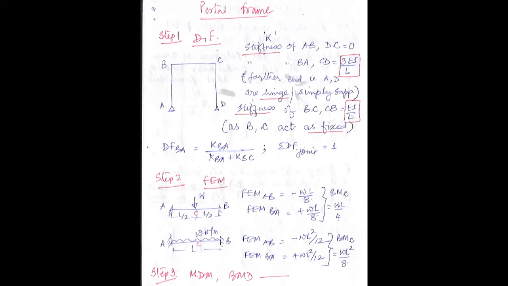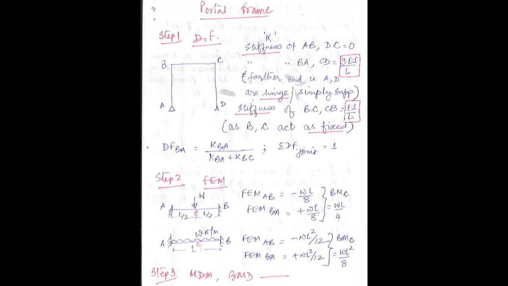I repeat, this is the joint B. So how many members are there at the joint B? BA and BC. So in the denominator, it will be KBA plus KBC, and in the numerator, it will be KBA, as we are finding the distribution factor of BA. So distribution factor BA is KBA divided by KBA plus KBC.